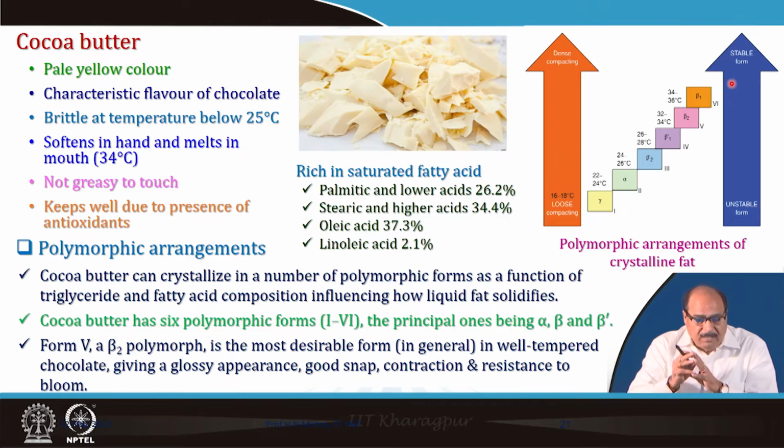So, cocoa butter, as you can see here, has 6 polyforms, 1 to 6, and the principal ones among these are alpha, beta and beta dash. Okay. The form 5, that is beta 2 polymorph, is the most desirable form in general in well tempered chocolate, giving a glossy appearance, good snap, contraction and resistance to bloom.